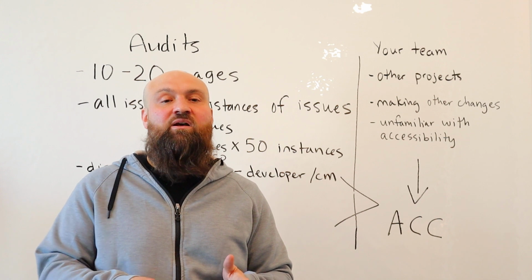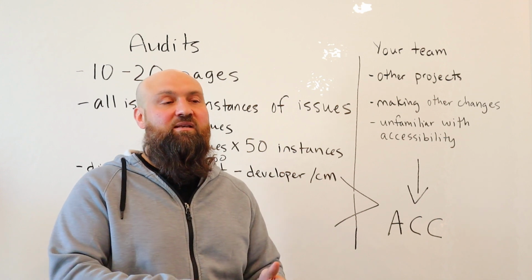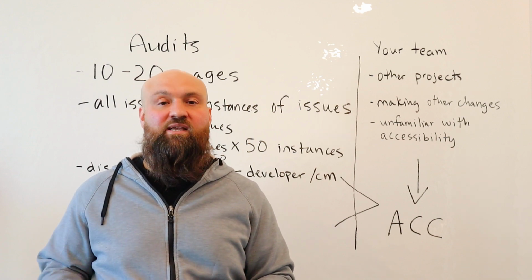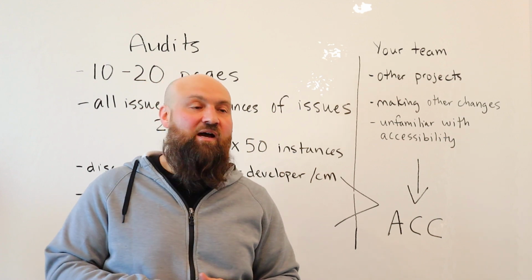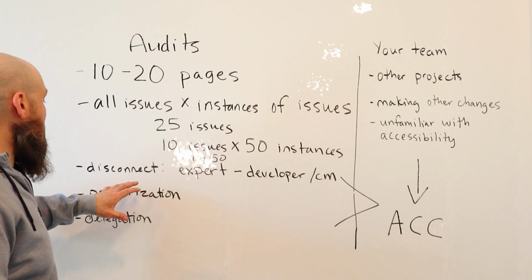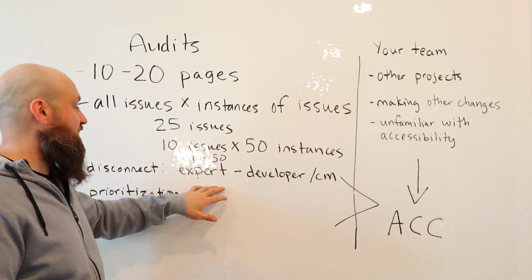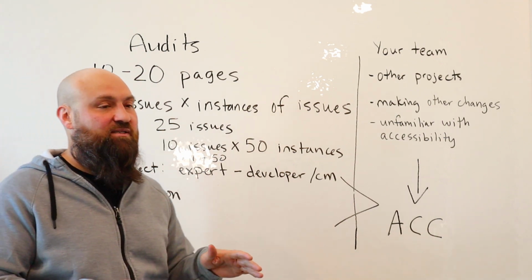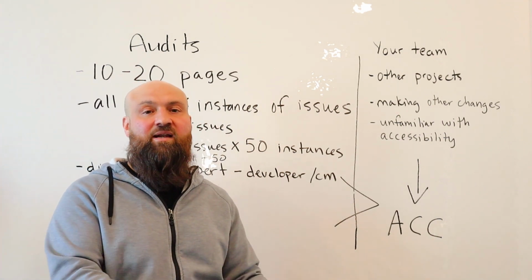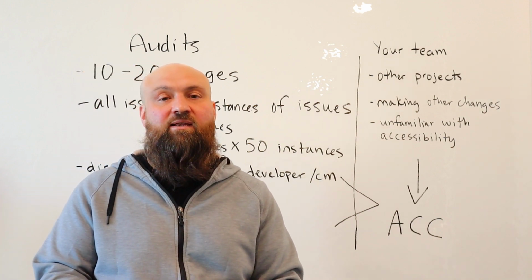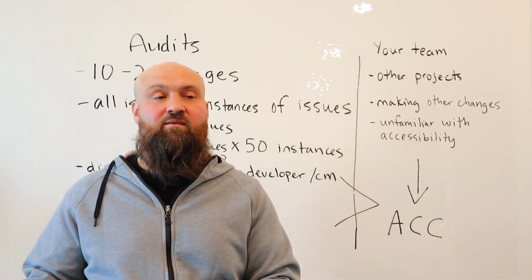But the point of this is that there are many different accessibility issues to work through, and then you need to account for all of the instances where those issues are found. And so what is problematic about an audit is there is a disconnect. That disconnect happens because there is one technical expert who is finding the issues, and then there is someone else, who they are likely not communicating with, that is remediating those issues.